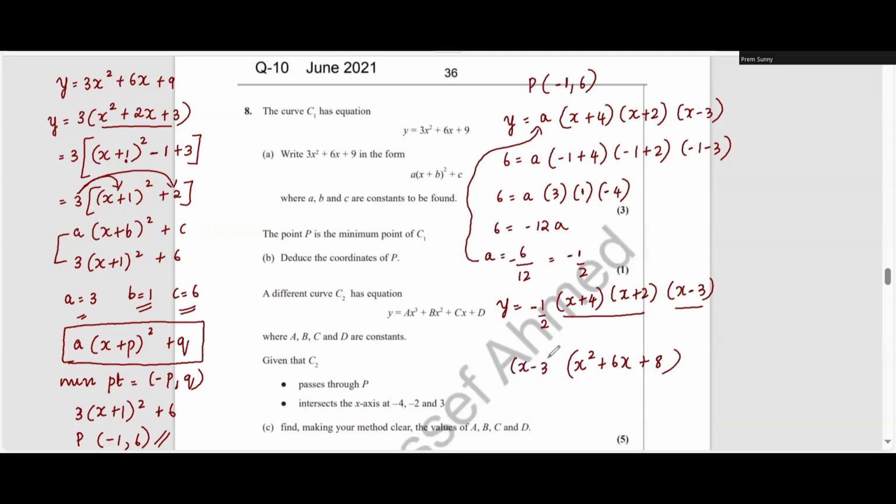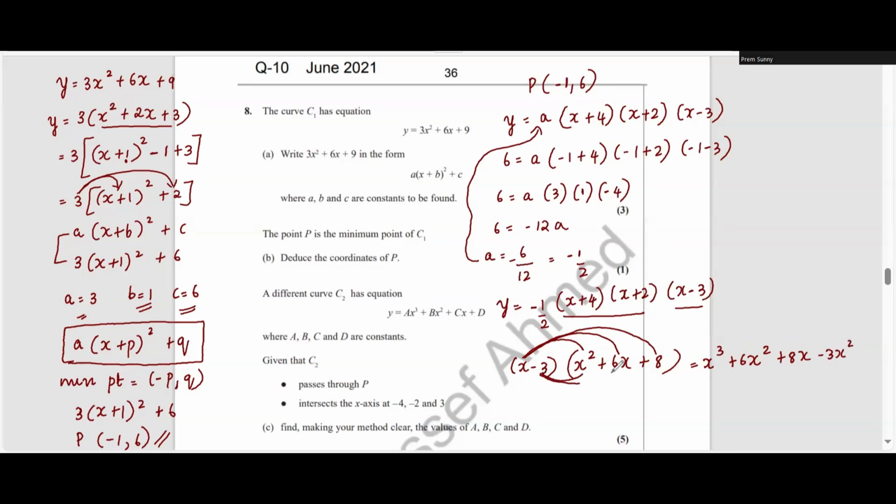Now when I multiply x with x square, I'll get x cube. X with positive 6x will give me positive 6x square. X with 8, we will get 8x. Minus 3 into x square is minus 3x square.